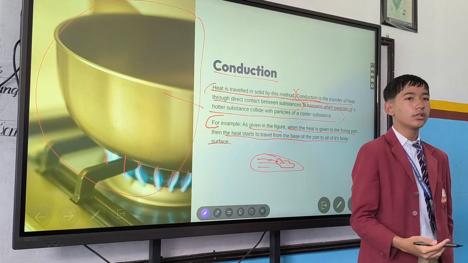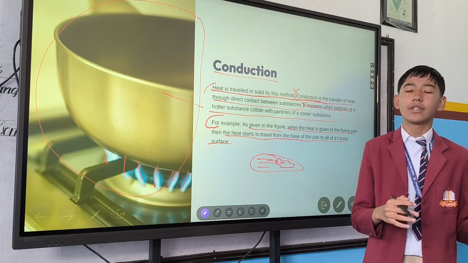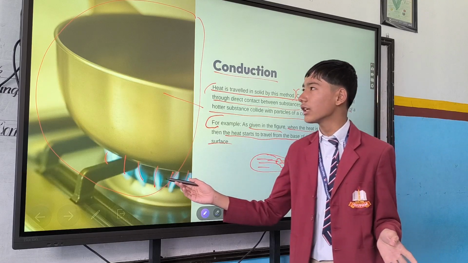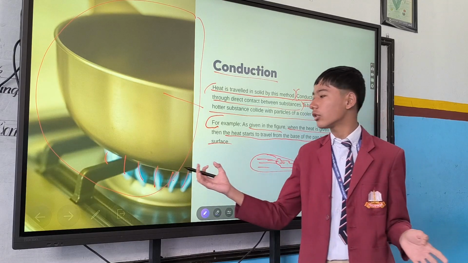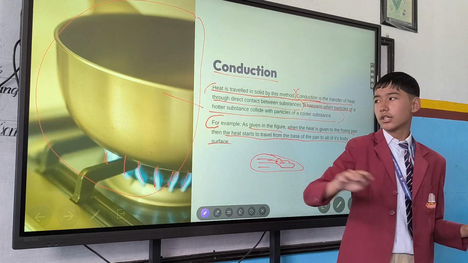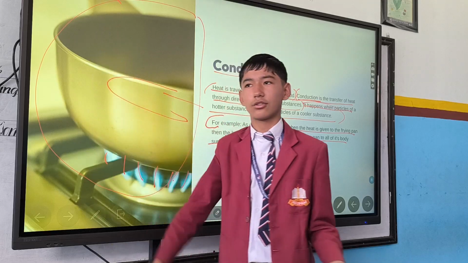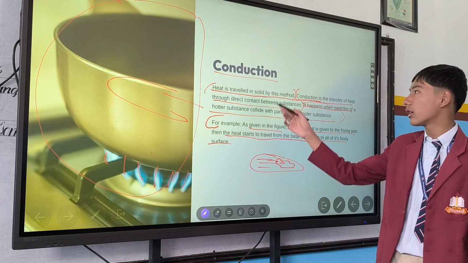We all know, while cooking food in our house, if it's a metal pan, you can feel that not only the base of the metal is hot, but also the handle is hot. So that is the method of conduction.